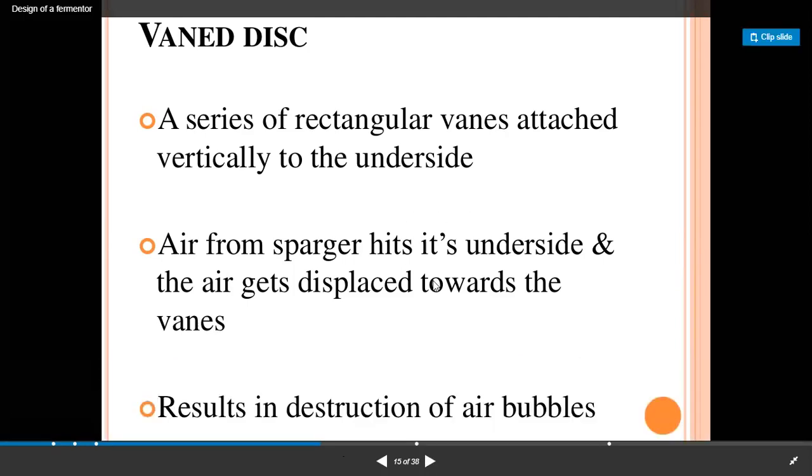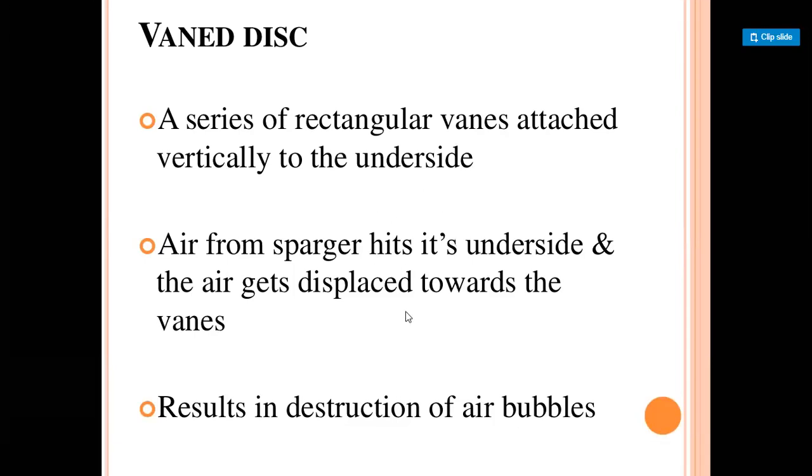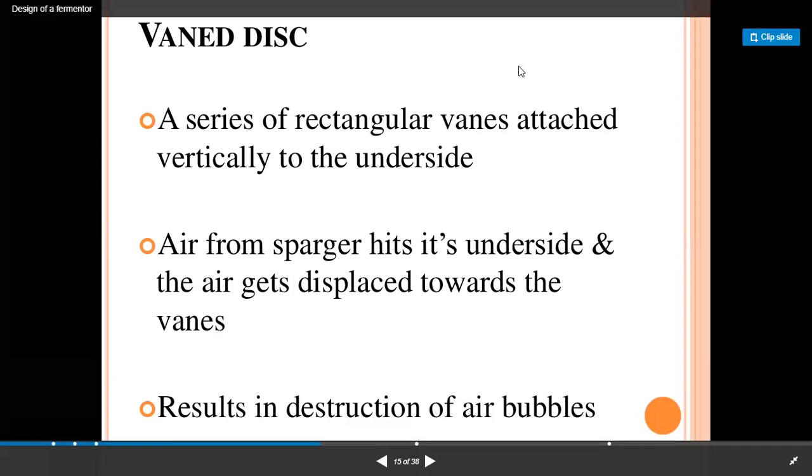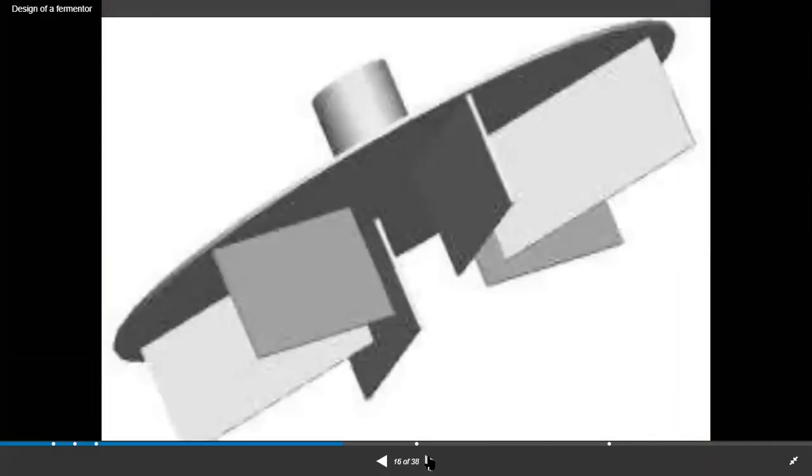If the entire medium is loaded with air bubbles, an imbalance takes place, and due to improper aeration there is no proper yield of fermentative products. So to break down those air bubbles, we use these rectangular vanes attached vertically to the underside. See, this is that design.